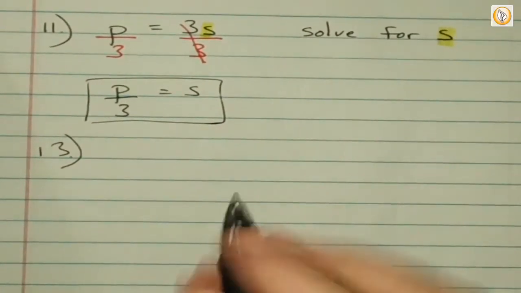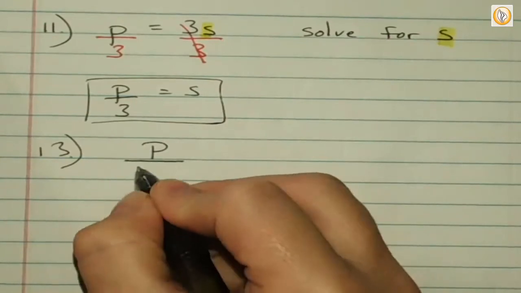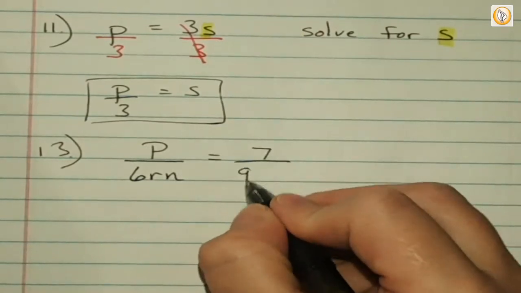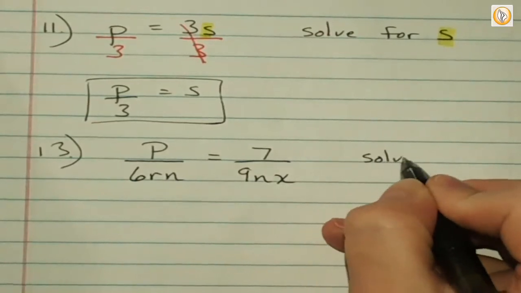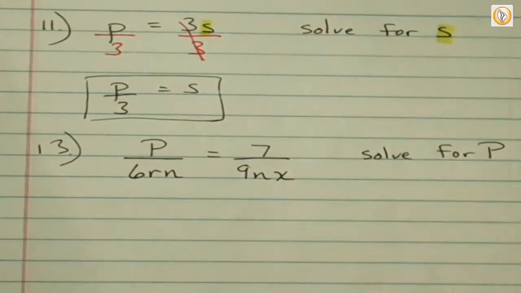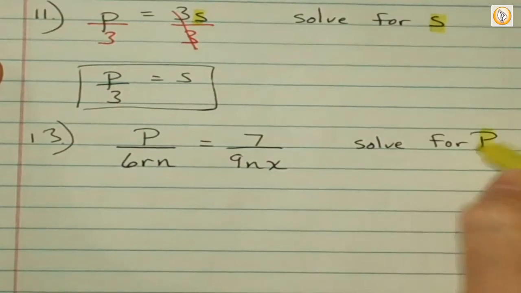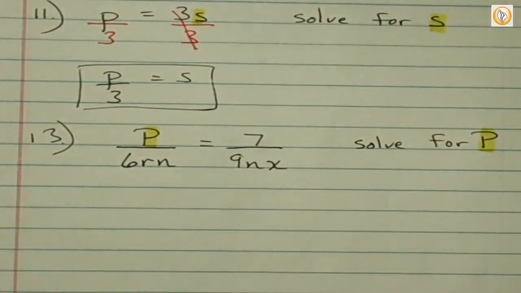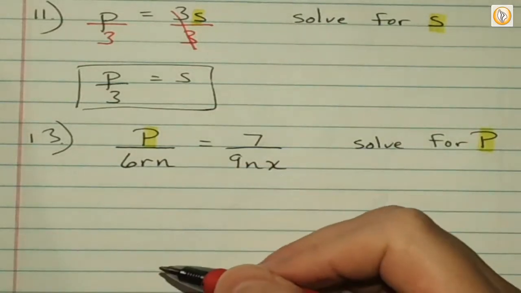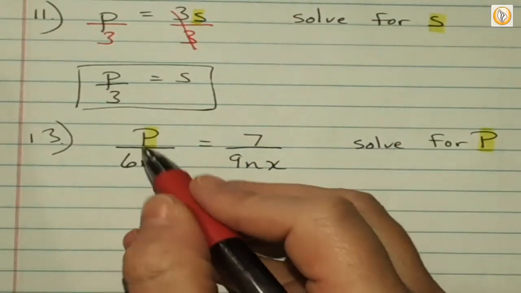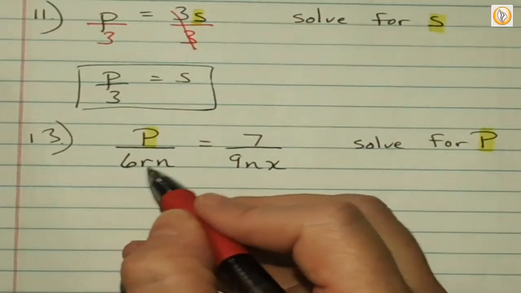Gabby, 13. I have P divided by 6RN equals 7 divided by 9NX, and we're going to solve for P. Okay, we're going to multiply because this is division, so we're going to multiply both sides by 6RN.